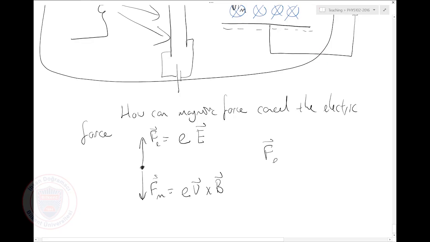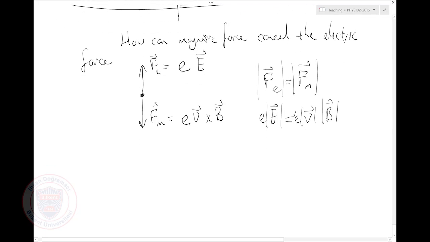For these two to cancel, I'm going to call this charge E again. For these two to be equal and opposite in sign, let me write it like this. E times E is going to be E times V times B. In other words, by adjusting the magnetic field, what are you measuring? You are measuring the velocity of the particles.